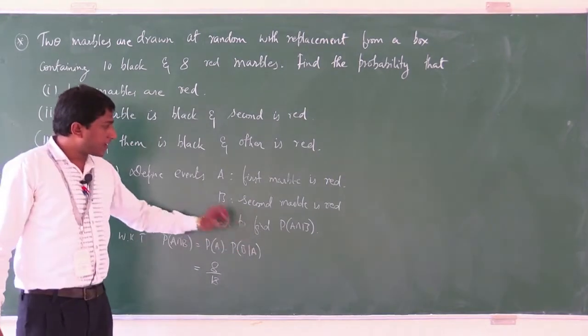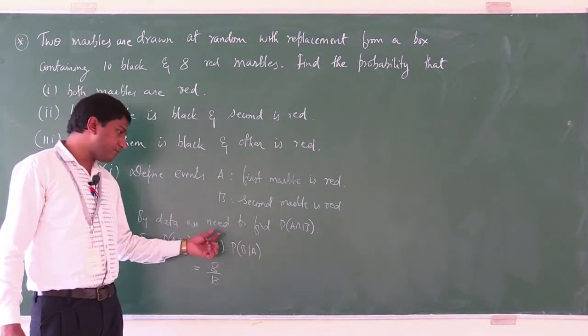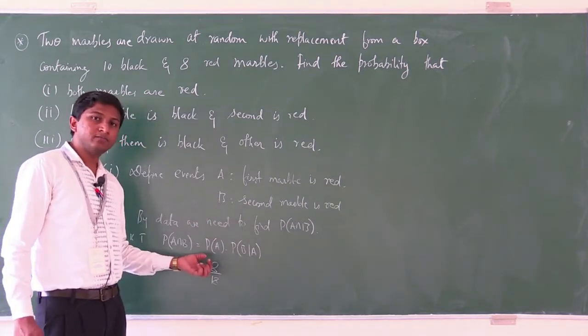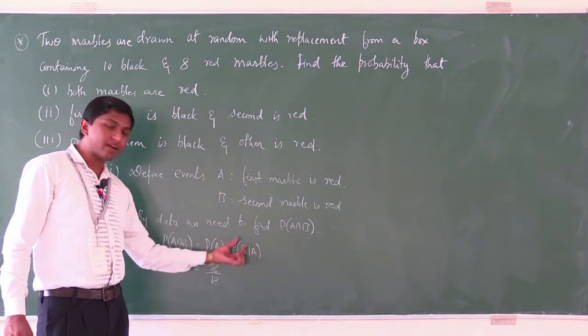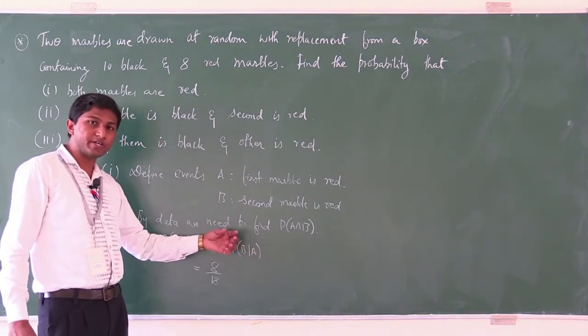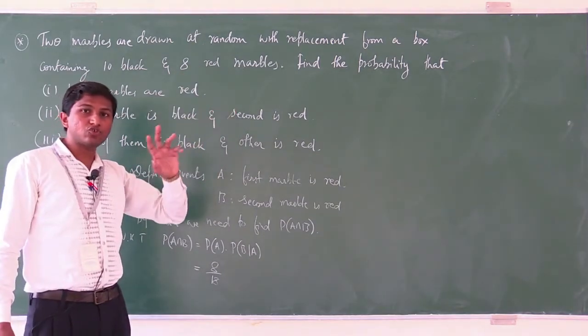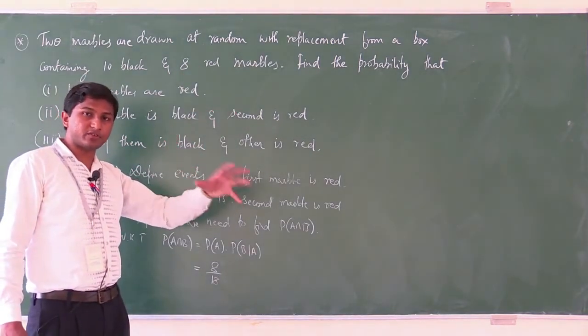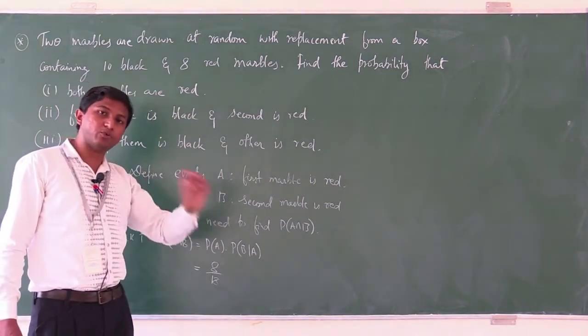Okay, again look at P of B bar A. What is the meaning of P of B bar A? Probability of event B given that event A has already occurred. But what is the random experiment? We are drawing 2 marbles with replacement, right? You are taking one marble, noting its color and putting it back.